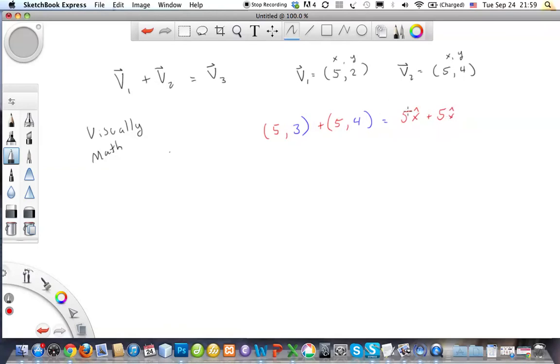And of course I failed to mention, x hat is called a unit vector, so it has a length of 1. This just tells us that we're adding these two like components together. And likewise, when we add our y components, plus 3 y hat plus 4 y hat.